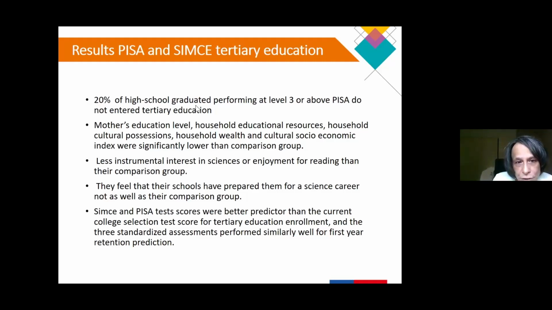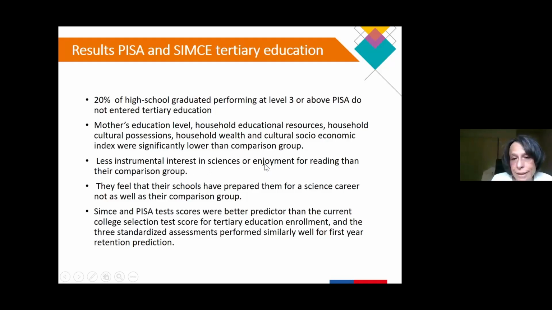So mother's education, household educational resource, household succession, household wealth and cultural socioeconomic index were significantly lower from this group of students than the comparison group that perform at the same level 3 or above in PISA and enter tertiary education. And moreover, we got less instrumental interest in science or enjoyment in reading than their comparison group.